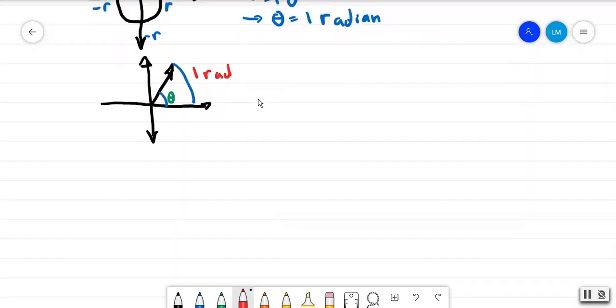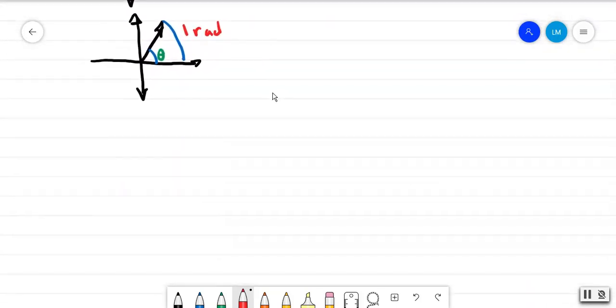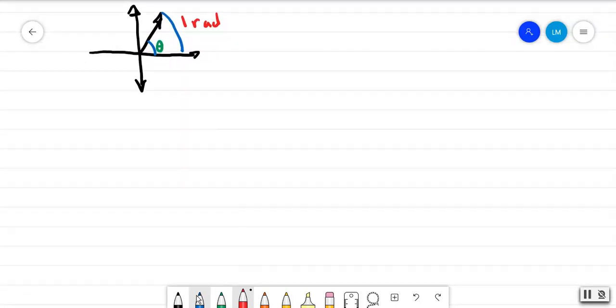Now, take note that when I wrote down how I got my radian measure, I mentioned that it's found by using s equals r, and not r divided, but r times theta.